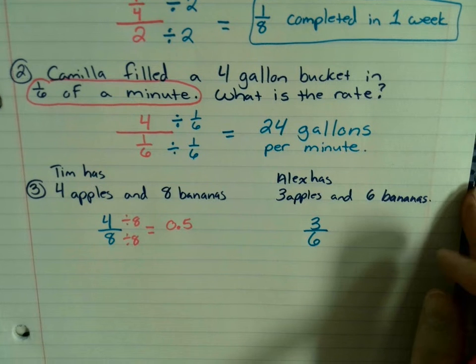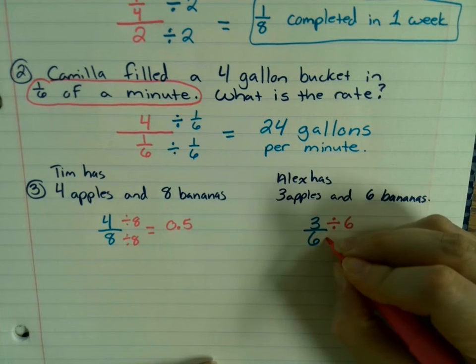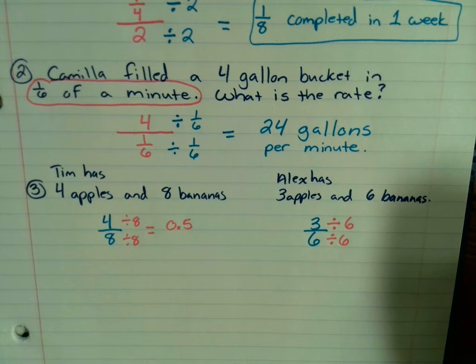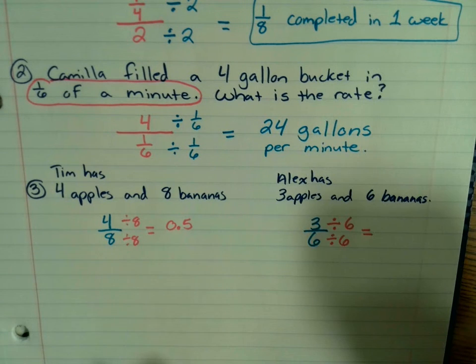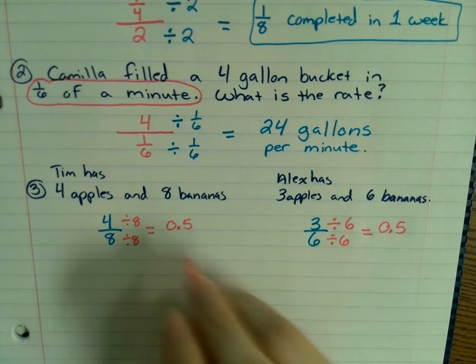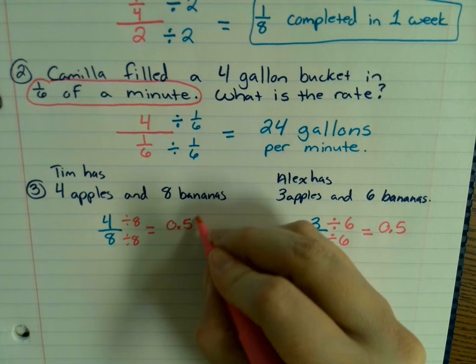What about 3 divided by 6? What's 3 divided by 6, guys? Another half, right? 0.5. So are they equivalent? Yes, they are equal to each other. They are equivalent.